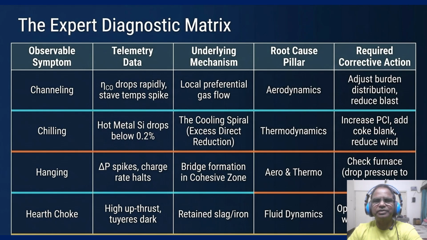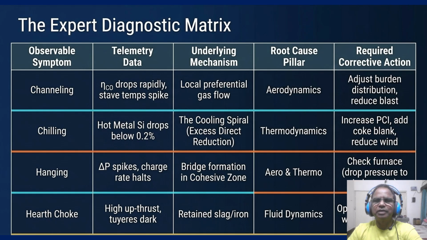This matrix turns a room full of chaotic sensors into a clear, actionable directive. It's how we bridge the gap between knowing and acting before the furnace takes control of us. So mastering these individual pillars allows us to operate safely at the edge of chaos.